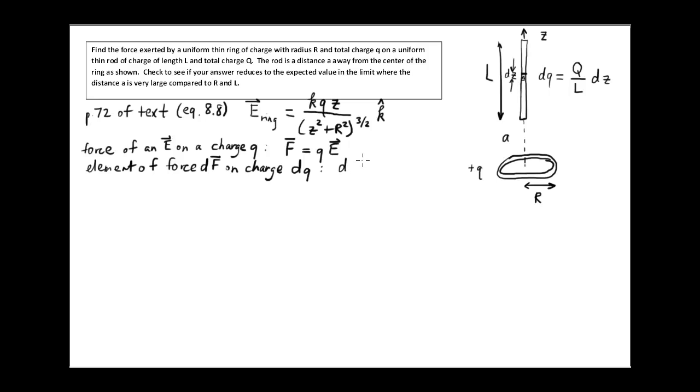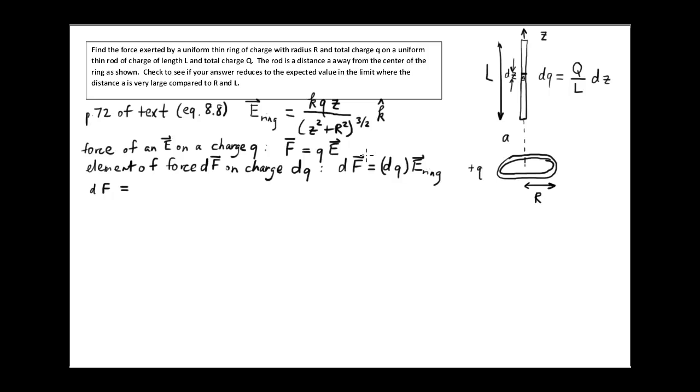So dF, the differential amount of force F, is equal to, in this case, dQ, the charge element of the rod, multiplied by the electric field of the ring. I'll write the subscript ring here, but I'm going to drop it because we understand that's what this electric field equation does. So by making the substitution for E, the E of the ring, I can write down what the differential amount of force is.